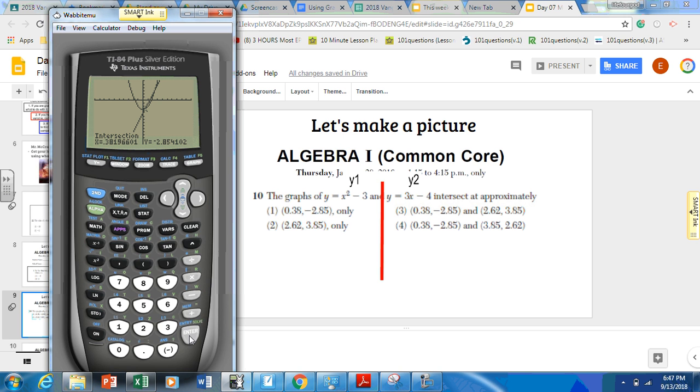Okay. All right. So what did we determine? We determined the first point of intersection. What have we determined our second point of intersection? Again, we're going over 0.3.